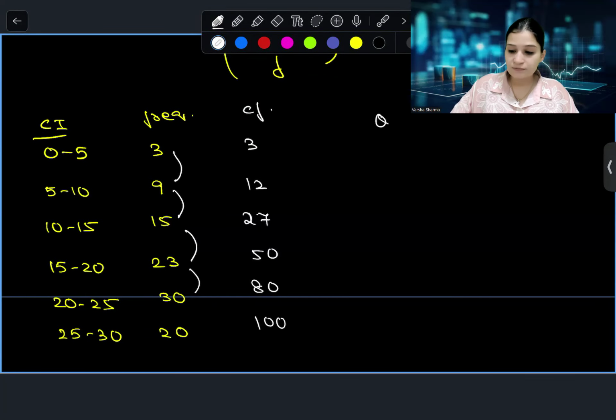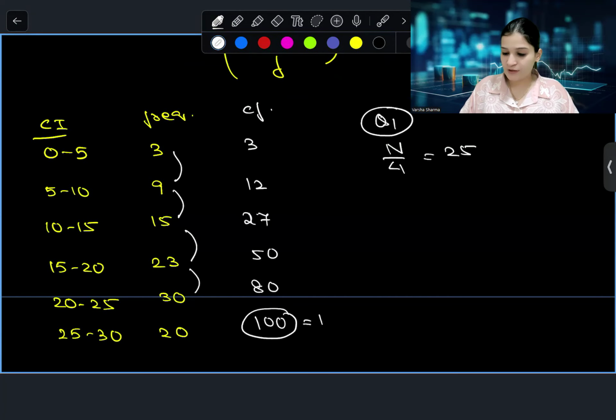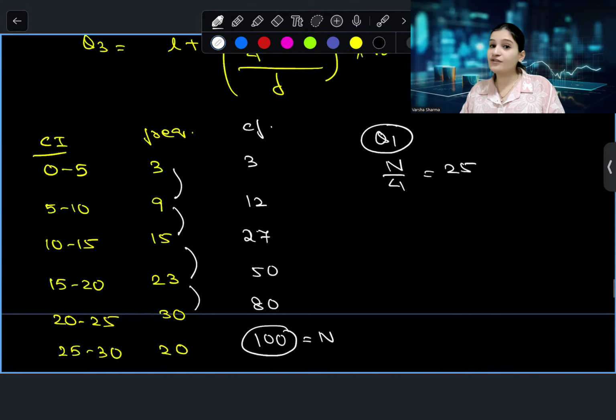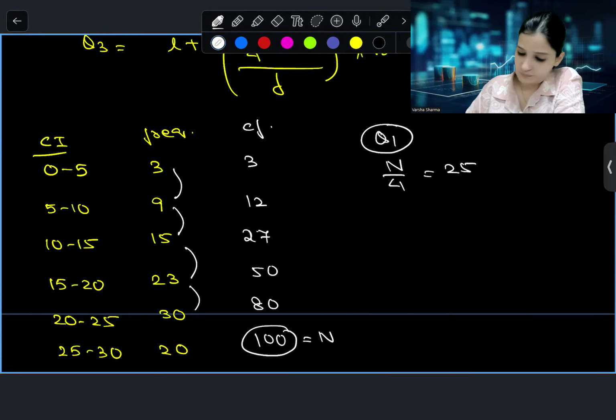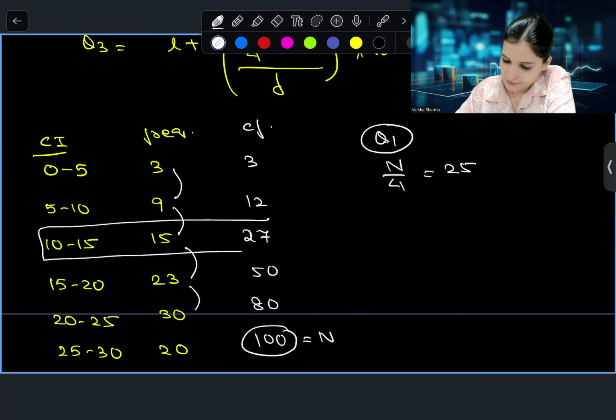So for Q1, we first calculate n by 4. n by 4 is 25. We don't have CF 25, but we do have a CF just greater than 25. Which interval will be Q1 class? 10 to 15. This is Q1 class.